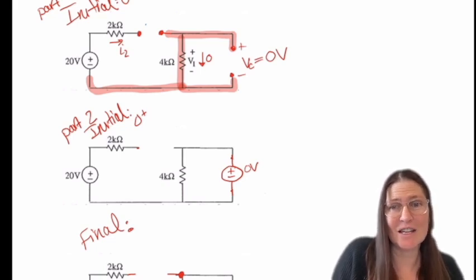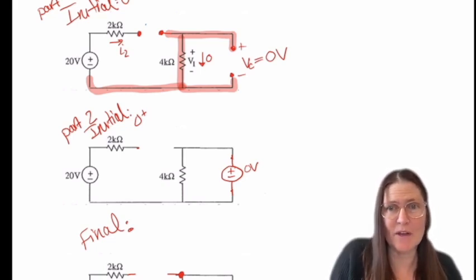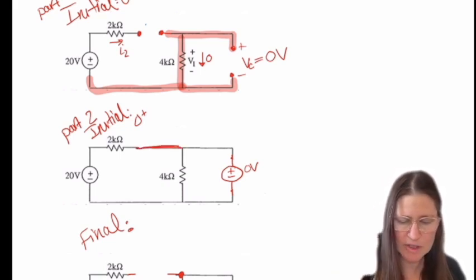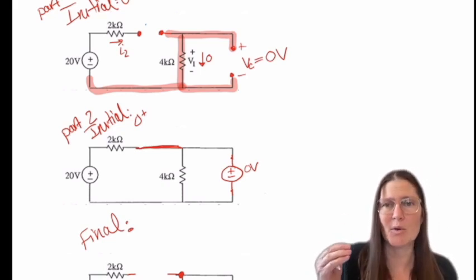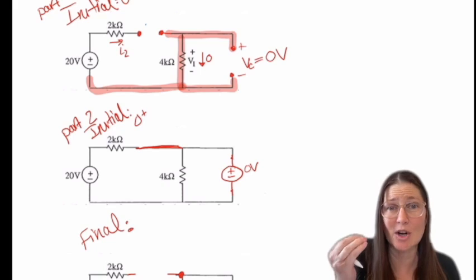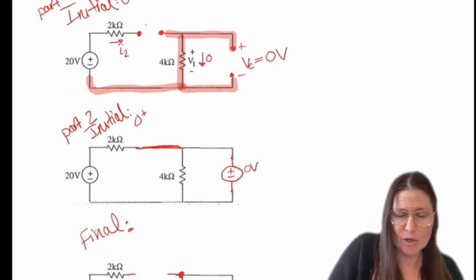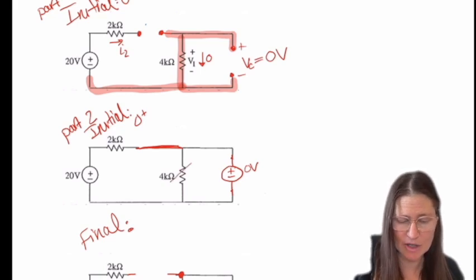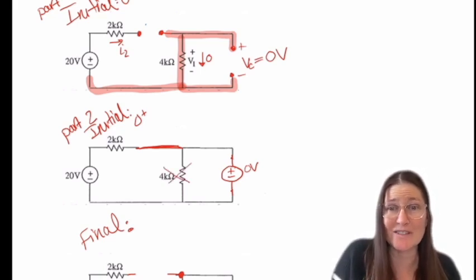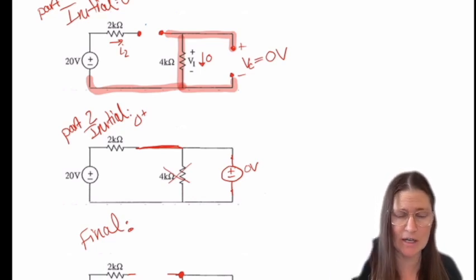But if it wasn't, then we would put in the actual voltage that we found in the previous step, 0 minus. Here we're going to determine what the switch has done right a little bit after 0. In that case, it's already closed. So with 0 volts across a resistor, we're just going to ignore this, because it has 0 volts across it, which means it has 0 current there.